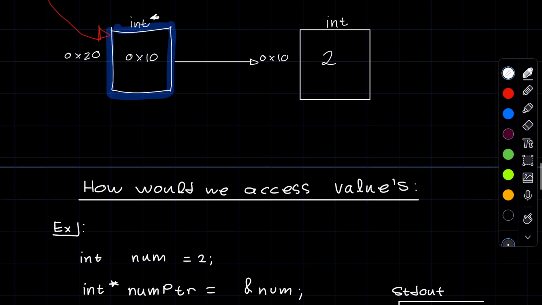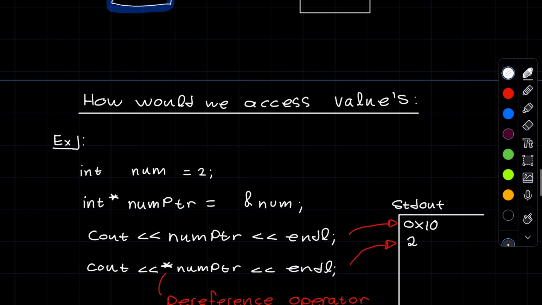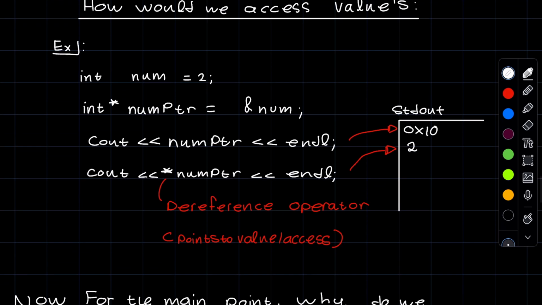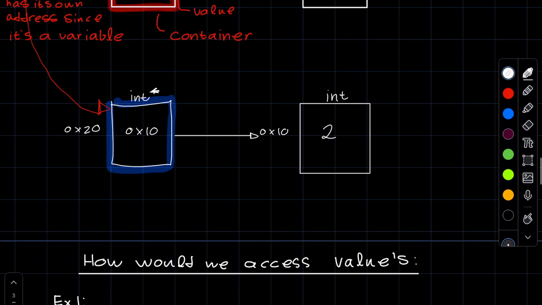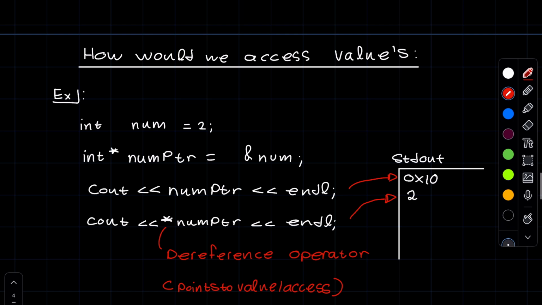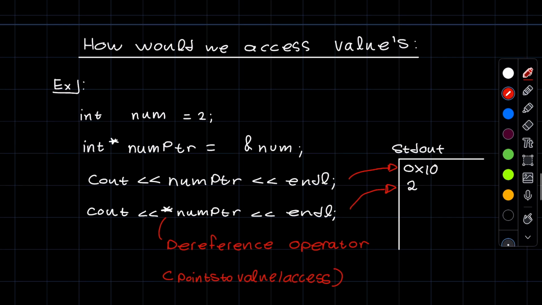Now that we understand this relationship, we're going to see how to actually access these values. As shown is the syntax we've seen earlier. And when we created these values, we created this relationship above. So now, when we do this, for instance, we're couting. We're using the standard out and using one of the direction operators, the insertion operator, to go inside the standard out.